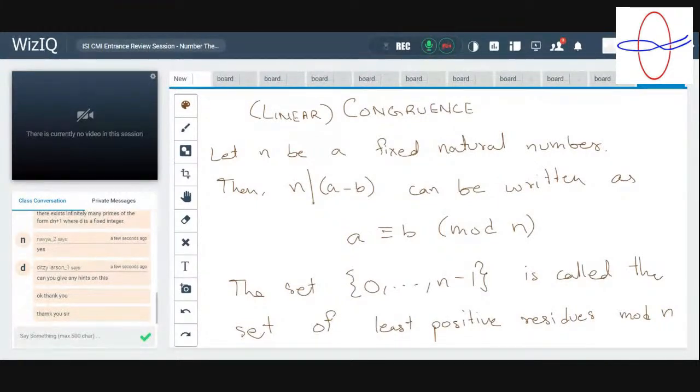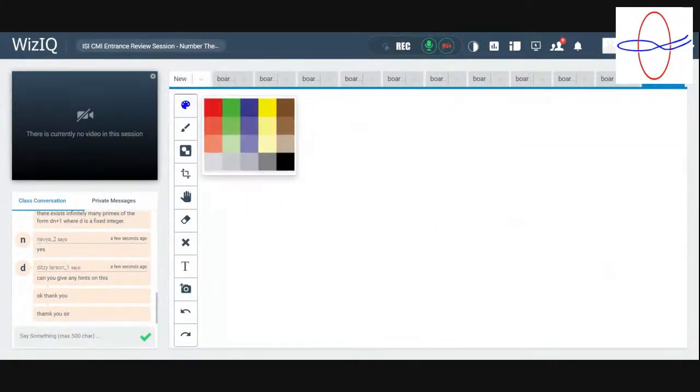Okay. So why is this notation something we are concerned with? Because this makes doing a lot of things easier to look at, mostly. Let's look at some properties.